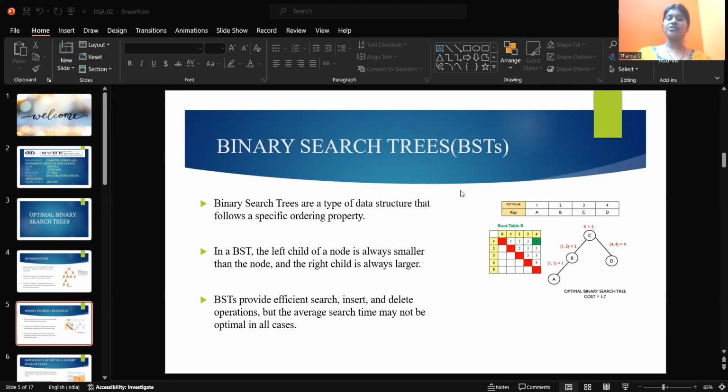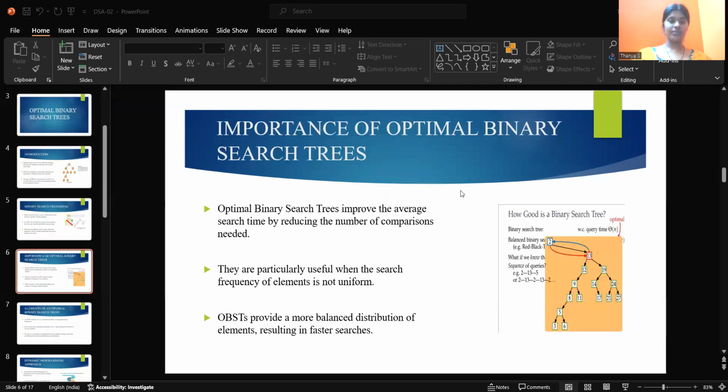It provides efficient search, insert, and delete operations, but the average search time may not be optimal in all cases. The importance of optimal binary search trees is that they improve the average search time by reducing the number of comparisons needed. They are particularly useful when the search frequency of elements is not uniform. They provide a more balanced distribution of elements, resulting in faster search.